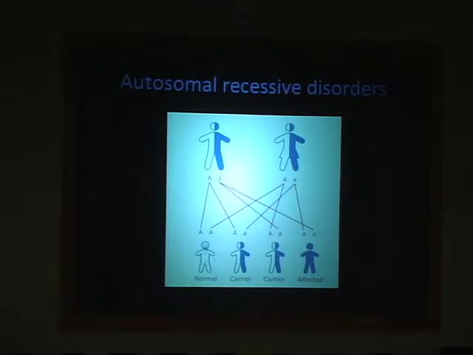When they have children, they could have a child who did not inherit any copies of the gene change, a 25% chance of that, a 50% chance of having children who are carriers, and then a 25% chance that they would each pass on that gene change to a child who would then be affected and show the manifestations of the disease.